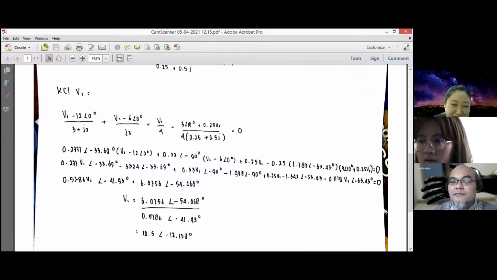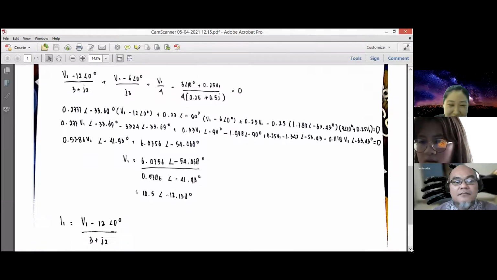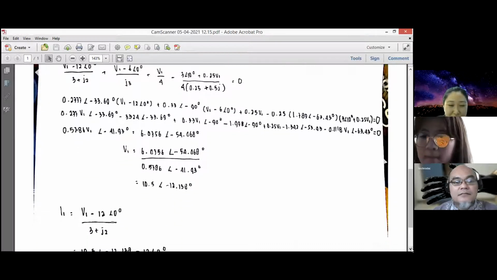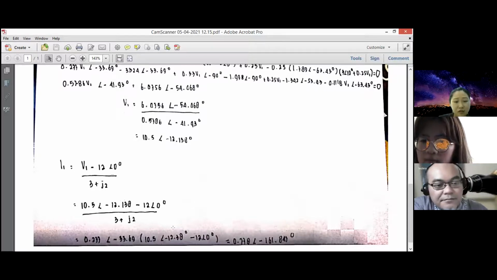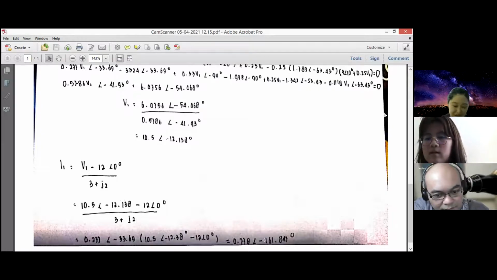Yeah, we get V1 is equal to 10 phasor 12.138 degrees. After we got this V1, we could basically find the I1 using this equation. Then we input the V1 that we gathered before into the equation, and then we find that the I1 for the circuit is 0.778, and this.